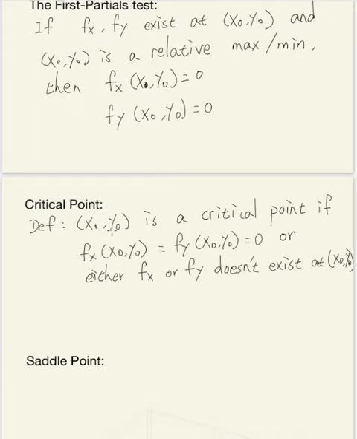Okay, so there are critical points that are not characterized by the partials being 0. There are some that are characterized by derivative non-existence. And that also can be a relative minimum or a maximum.